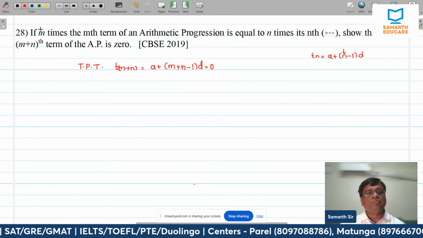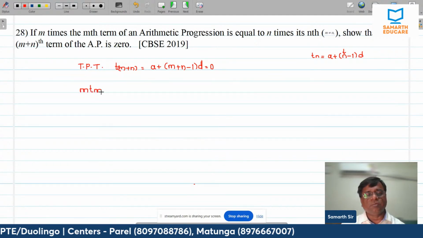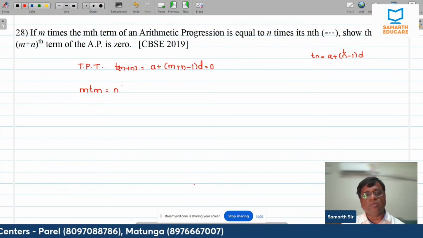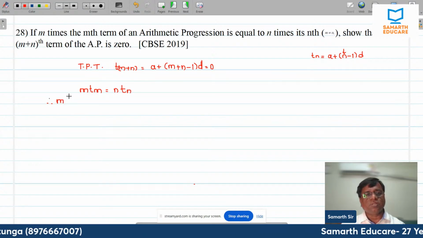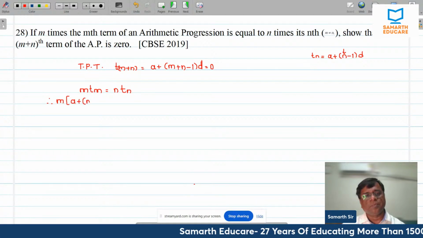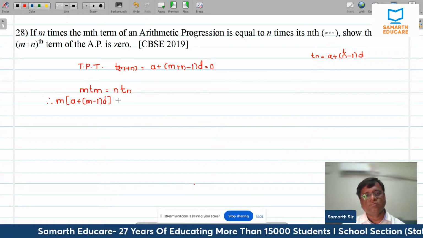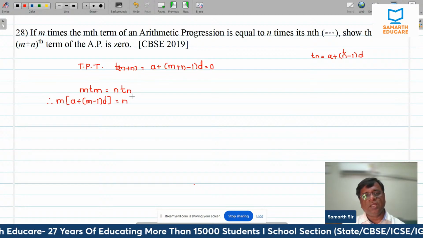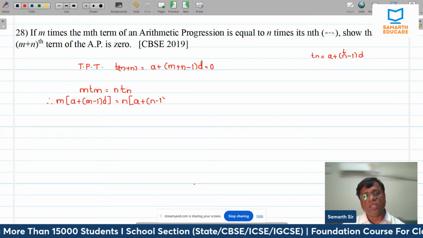Alright, now what is given? m times the mth term is equal to n times the nth term. Now m times the mth term, that is a plus m minus 1 into d, is equal to n times, here it will be a plus n minus 1 into d.